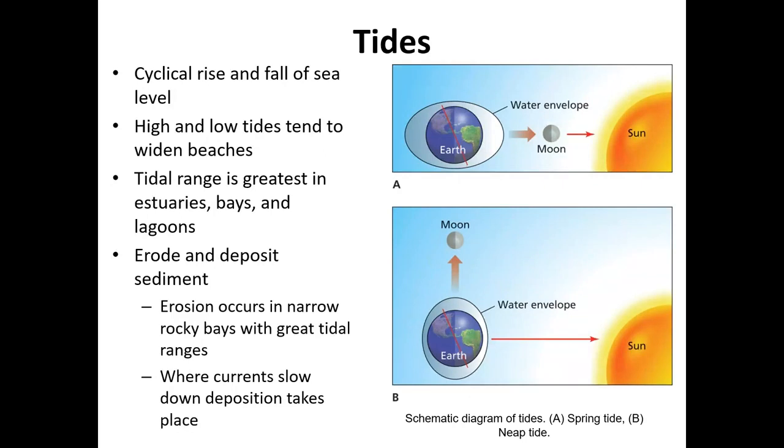Where you have the moon and the sun aligned, you have a strong gravitational pull, and you have what are called spring tides, the very strong tides. And when the moon and the sun are perpendicular to each other, you have a weaker peak tide called the neap tide. So those are the weaker of the two tides, and it can vary significantly. Having major changes in the tide can also increase erosion.